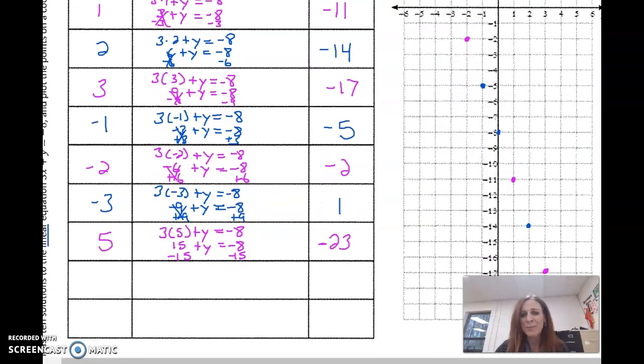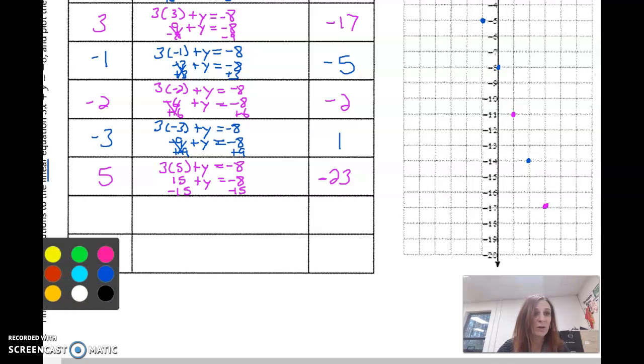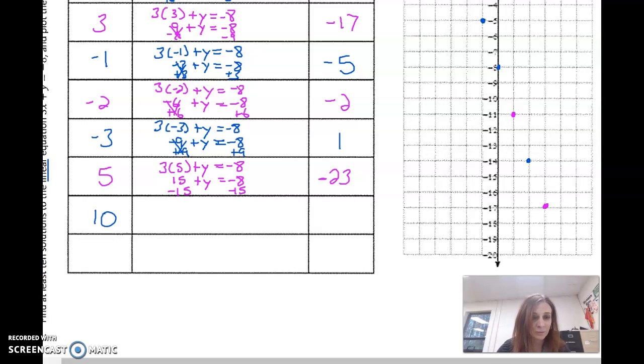But I want to show you that we can pick whatever we want. So let's go 10. 3 times 10 plus y equals negative 8. Same equation. 30 plus y equals negative 8. Minus 30 minus 30. I'm getting really sloppy now. That's a negative 38.